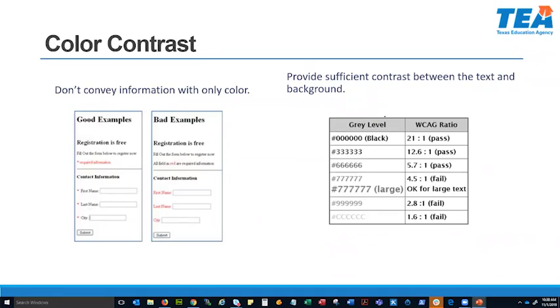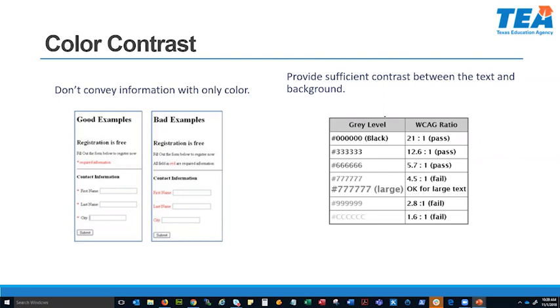Color contrast. Like I mentioned, color is a big part of accessibility. Two things you've got to know about color: don't convey information with only color, and whenever you're working with color, make sure there's enough contrast between the text and the background. In the first example, you can see the bad example there.